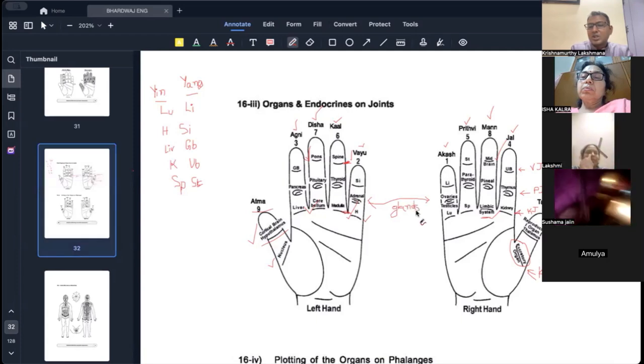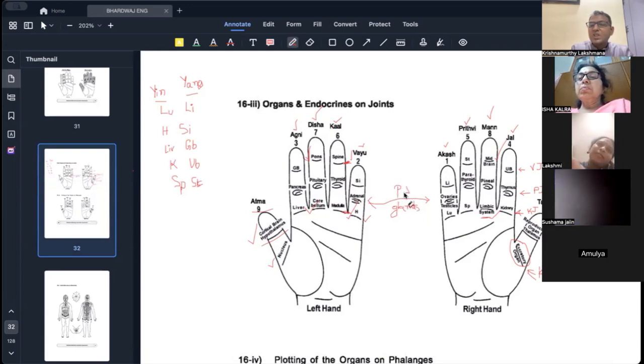So in Pitta, what is more prominent, Jal or Agni? Agni. Agni is more prominent. And what does the Agni do? Agni converts or transforms.